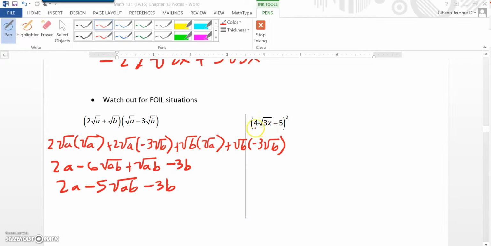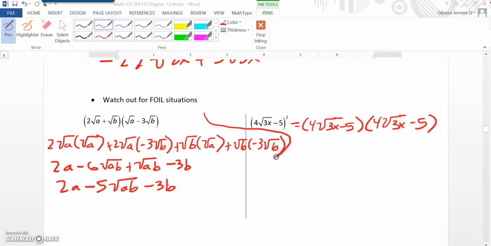Now we come here. We have this parenthesis and it's squared, so we need to write this parenthesis twice. Now we will do our distributive property or the FOIL method in multiplying these two parentheses. So I'll write it down here to give myself more space.